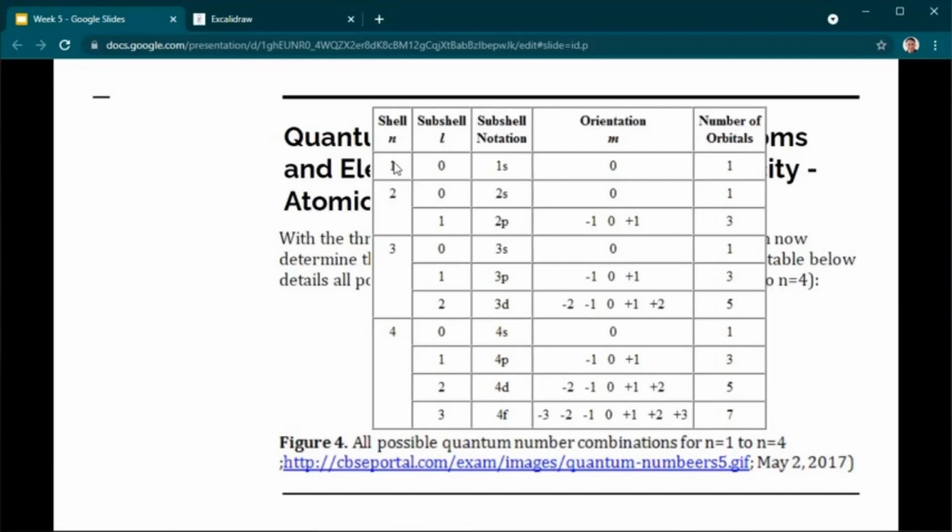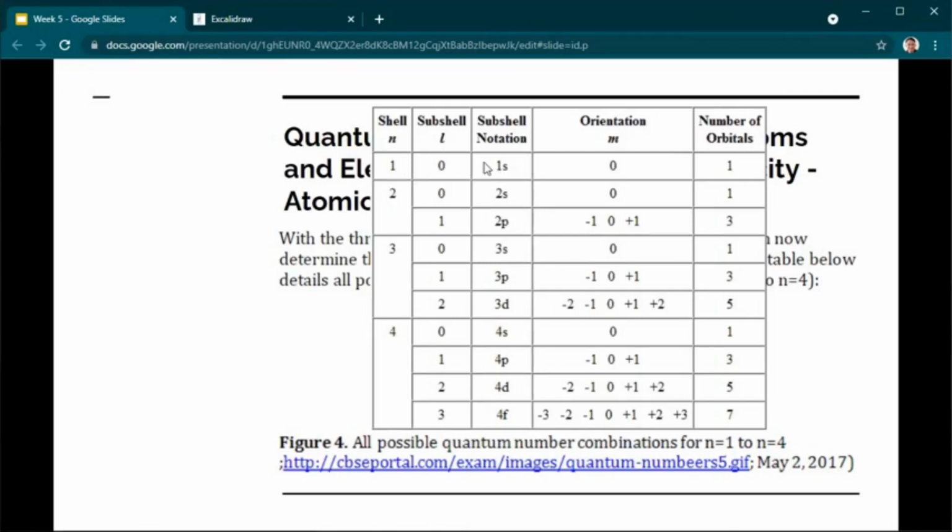Okay, for each quantum level, there will be subshells, or the angular quantum numbers. So, for example, hydrogen, which has n equals to 1, it has only subshell 0. Okay, because n minus 1. Remember the rules earlier, the previous slide. Angular quantum number is between 0 and n minus 1. So our n here is 1, so this is 0.